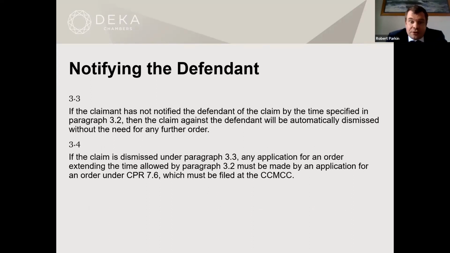If the claimant has not notified the defendant of the claim by that time, the claim will be automatically dismissed without the need for further order. If the claim is dismissed under paragraph 3.3, any application extending time allowed by paragraph 3.2 must be made by application for an order under CPR 7.6.